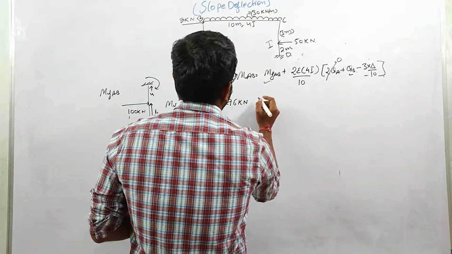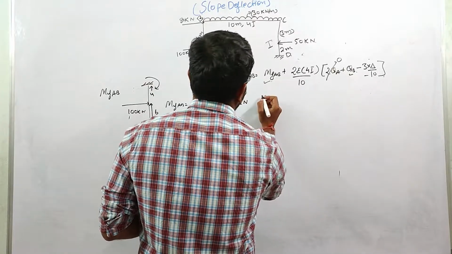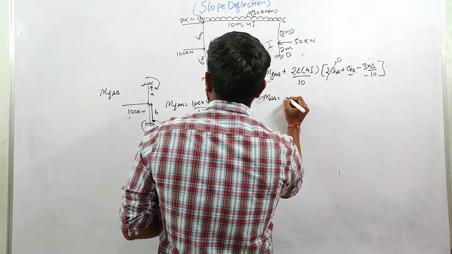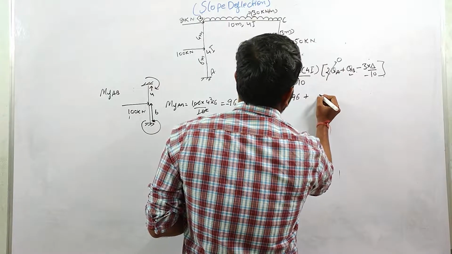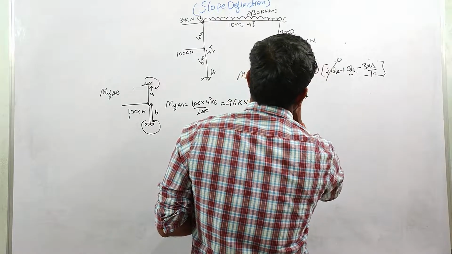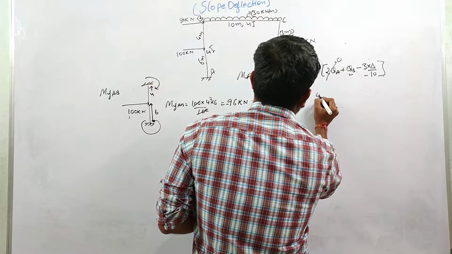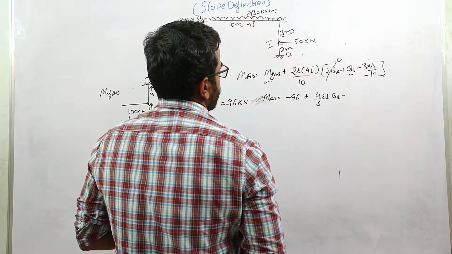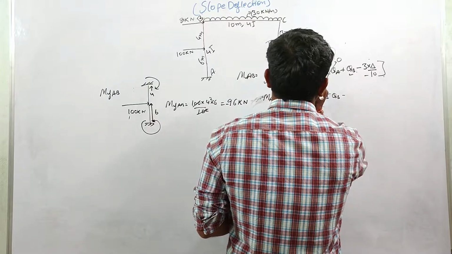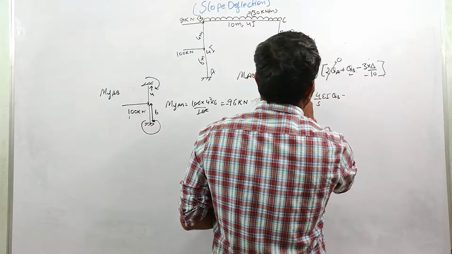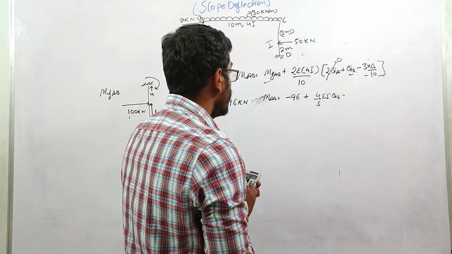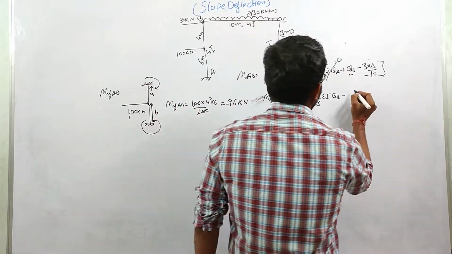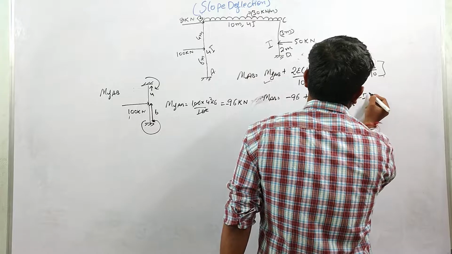So if we put this value in this equation, one equation available to us is MAB equals minus 96 plus 4 by 5 EI theta B minus, what will this expression give, 2 into 4 into 3 divided by 100, minus 6 by 25 EI delta.